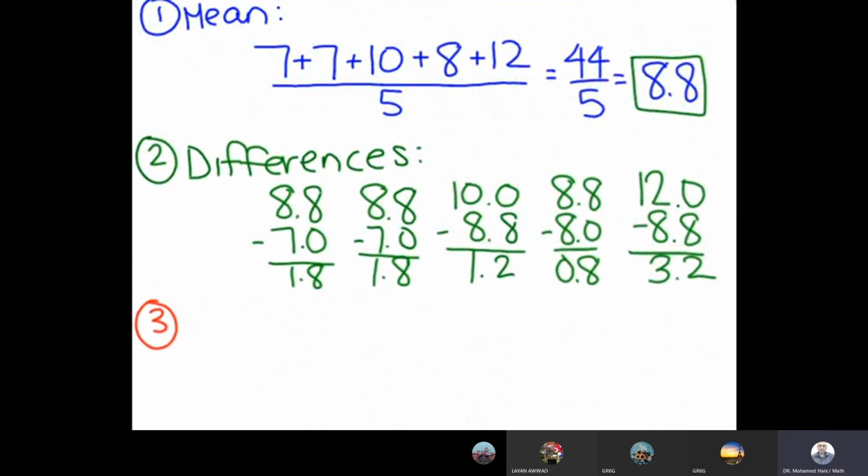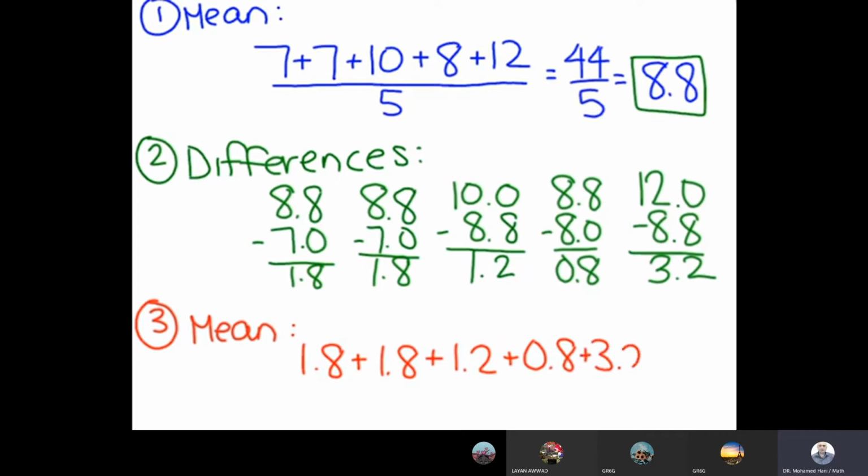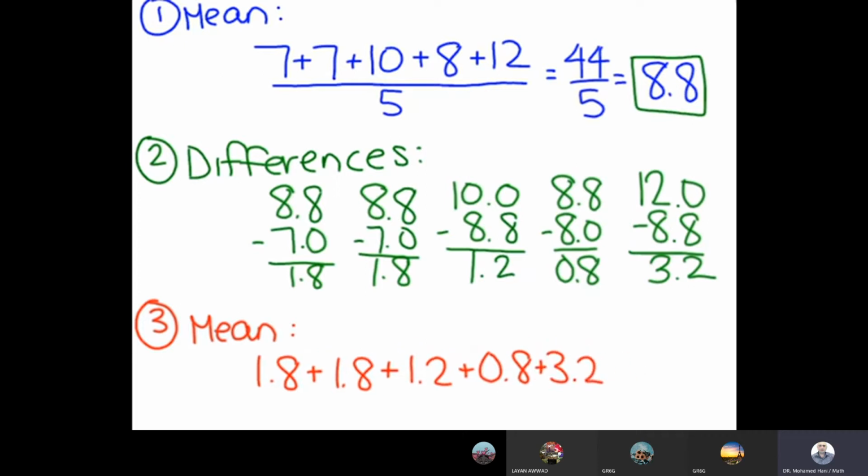All right, step 3 is another mean. You don't necessarily need to label each one mean, difference, mean, but again, I just want you to be able to see exactly where all these numbers are coming from. So for part 3, we're going to find the sum of the 5 numbers in step 2. We'll add all of those up, and then whatever we get, we're going to divide by 5.